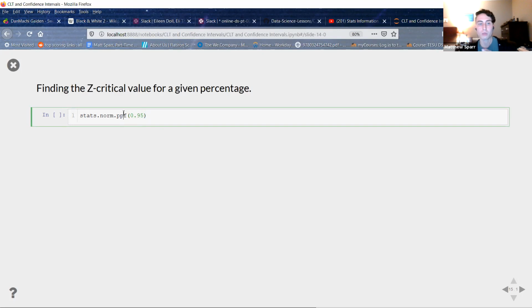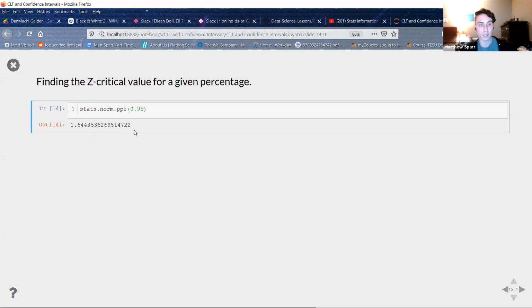The cumulative distribution function gives you a percentage, but with the PPF, you input a percentage, and it gives you the number of standard deviations away from the mean. So you would think that you would just pass in 0.95 if you were looking for a 95% confidence interval, and you would get this Z-score.